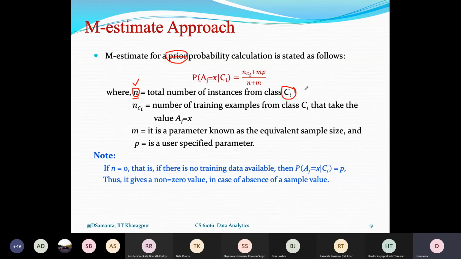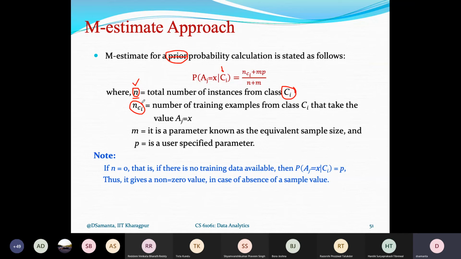So n is the total number of records having a particular class level, say ci, and here we calculate the posterior probability with reference to class ci. For different class levels the n values can be different, which you can calculate easily. Next is another parameter called nci.